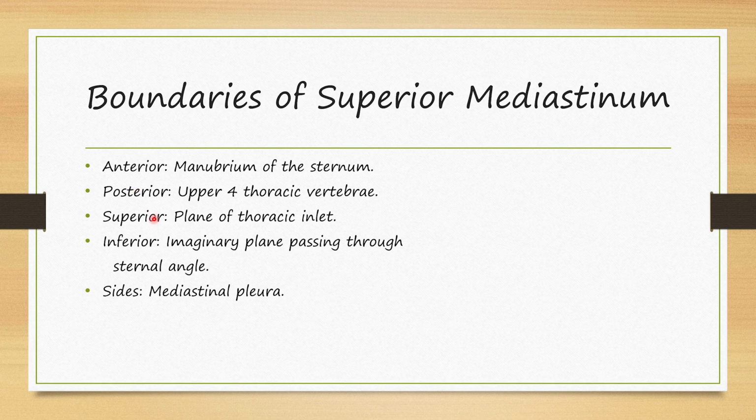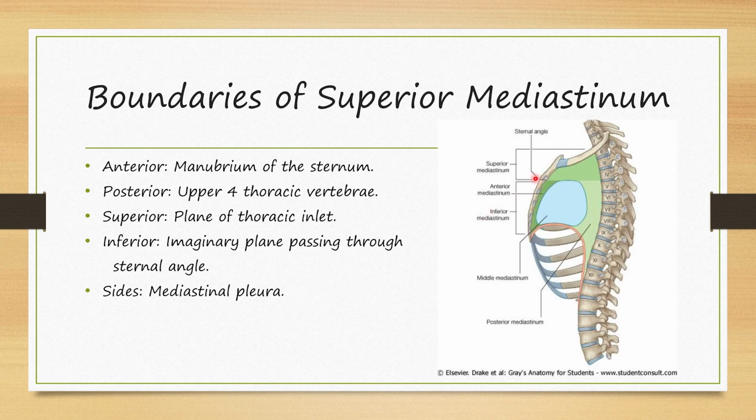Superiorly, on top, there is the plane of the thoracic inlet, which is the place where veins and arteries enter. Inferiorly, at the bottom, there is the imaginary plane that we saw before, passing through the sternal angle, the angle of Louis, which is at the manubrium. On the sides, there is the mediastinal pleura, two sets of membranes that act to protect the superior mediastinum.